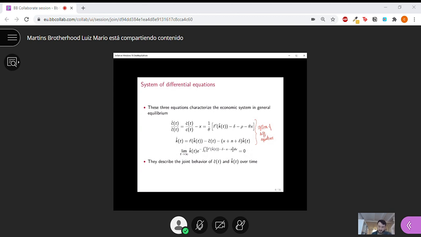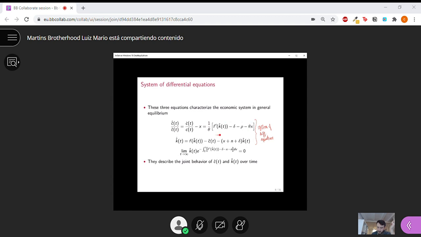But the important thing is that this is a condition associated to the variable that is in the system of differential equations. We would like to solve this system for k hat and for c hat. We already know how to solve the system for c hat, because this is c hat dot over c hat as a function of time.